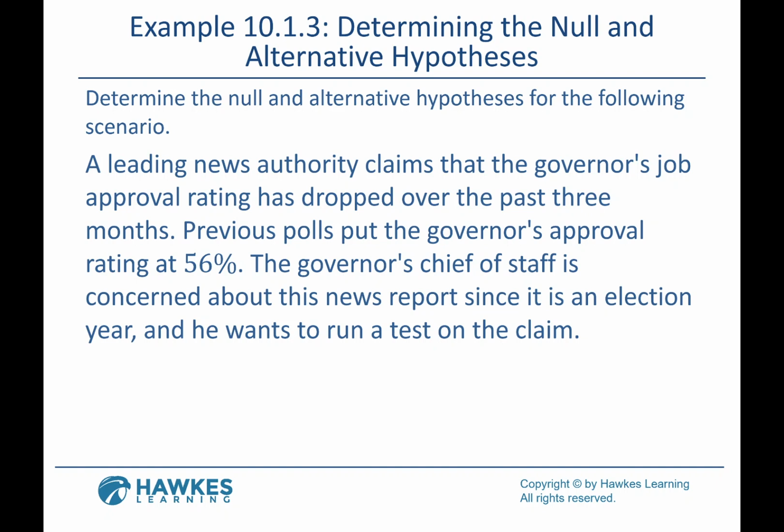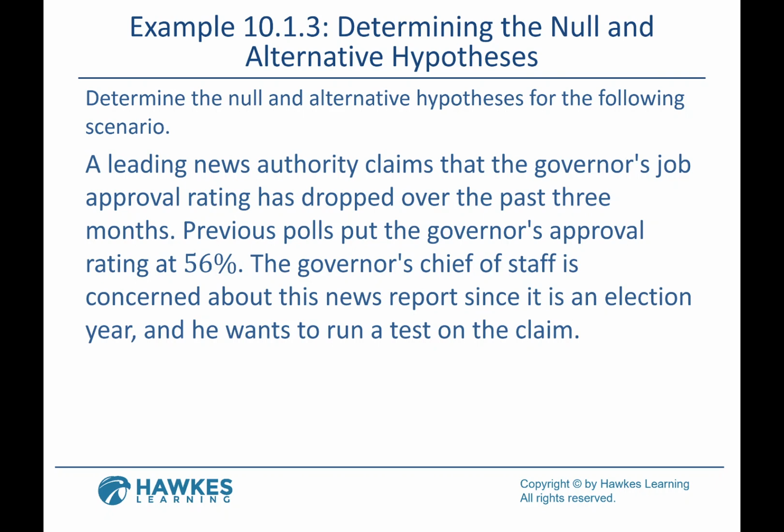If it's dropped, that means it has to be less than 56%. And we only have one other piece of information to think about to get our hypothesis. Here we're not dealing with means. We're dealing with this percentage. Do you remember what we call those? Had to deal with them in 8.4, our last confidence interval. They were proportions, where we had p and p hat.